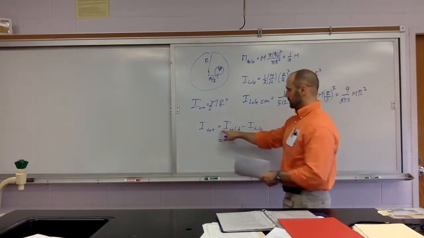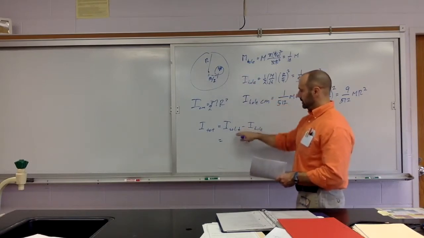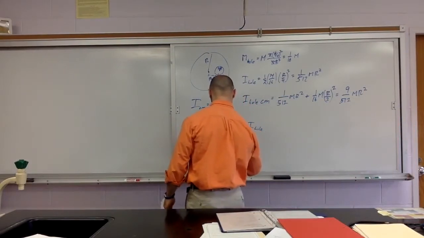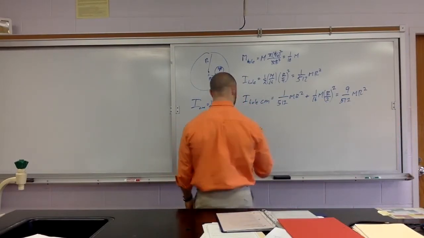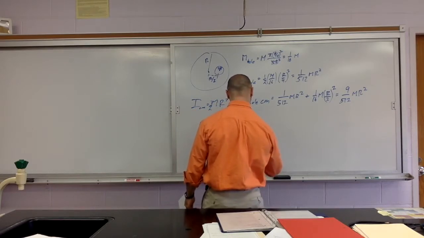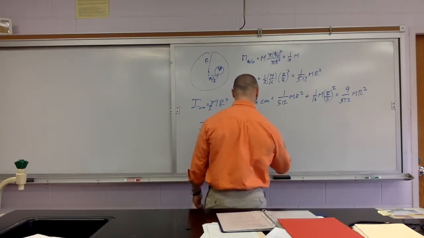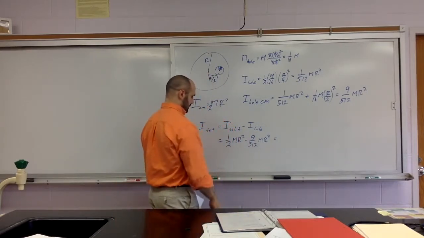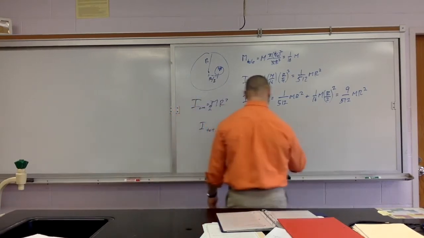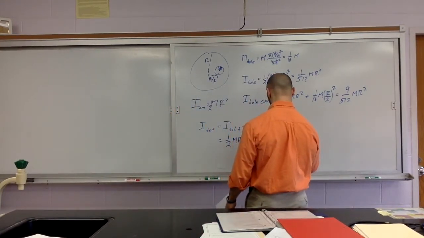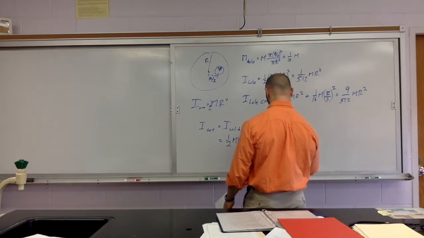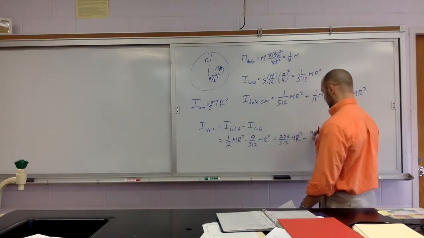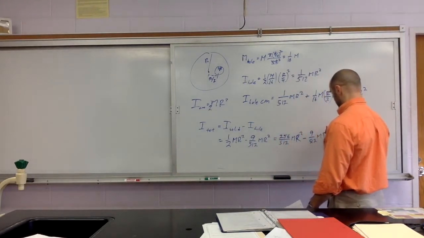So now we have I total is going to be the moment of inertia of the solid minus that of the hole. And so I have 1/2 mr squared minus 9 over 512 mr squared. Okay, so 1/2 is 256 over 512 mr squared minus 9 over 512 mr squared.